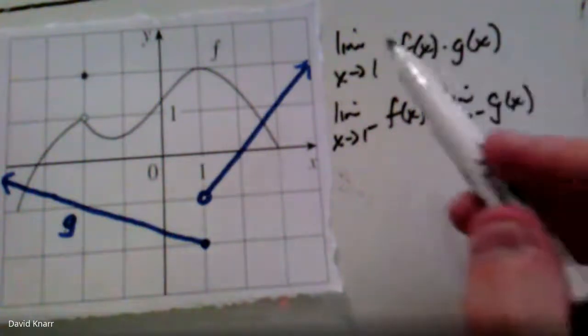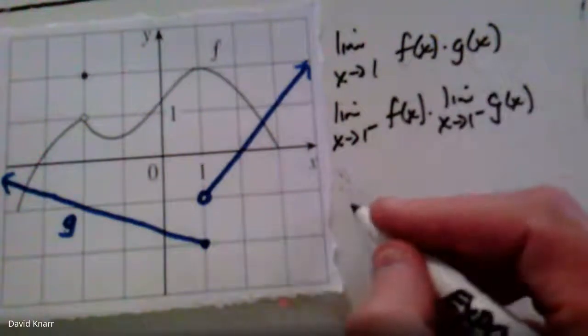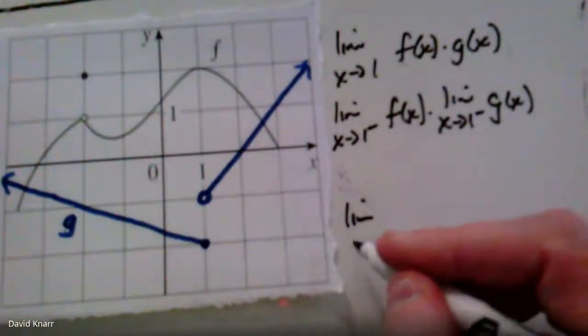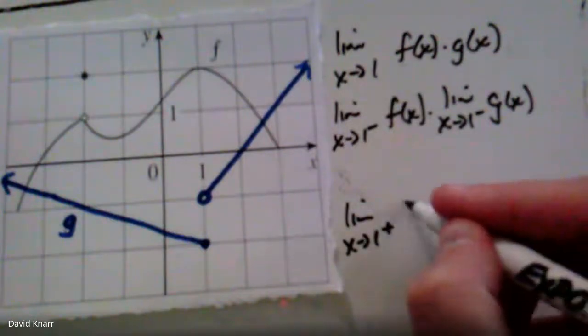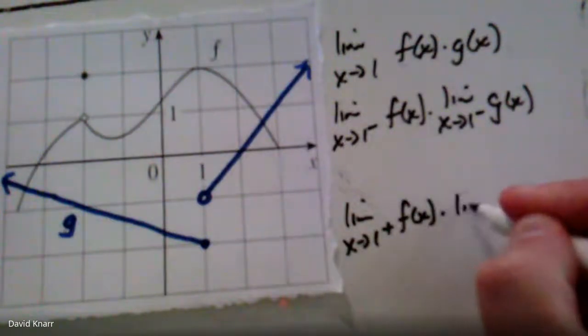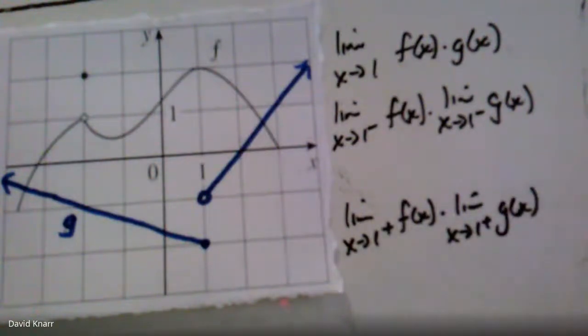I guess I could, but for the limit as x goes to 1 of f of x times g of x to exist, I'd also have to calculate the limit as x goes to 1 from the right of f of x times the limit as x goes to 1 from the right of g of x.